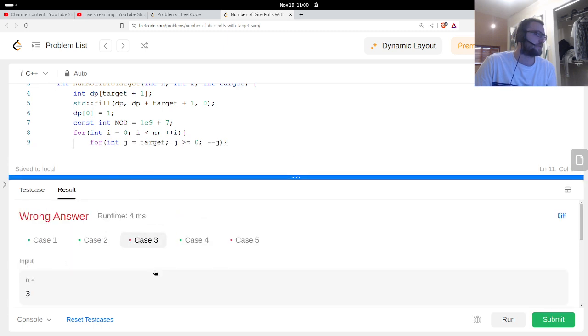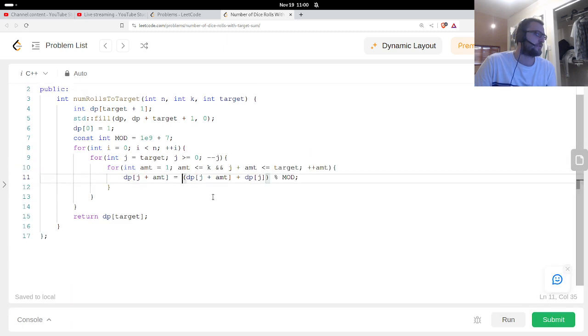$33, so it's each dice roll. Oh, this is wrong.